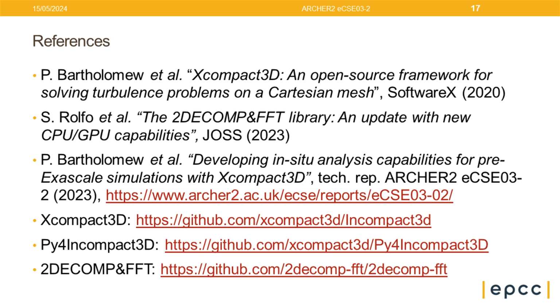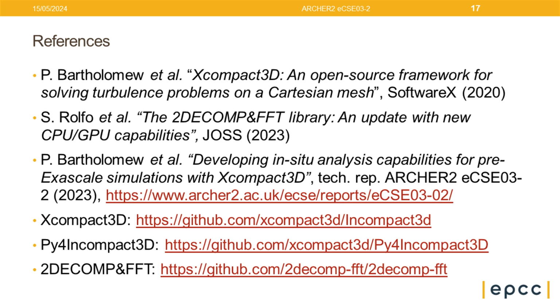And Sebastian has asked, for the in-situ analysis, do the locations of the X3D and P3D, or Xcompact3D and Python Xcompact3D ranks matter? Does having them on the same node make things better? So I think it would.